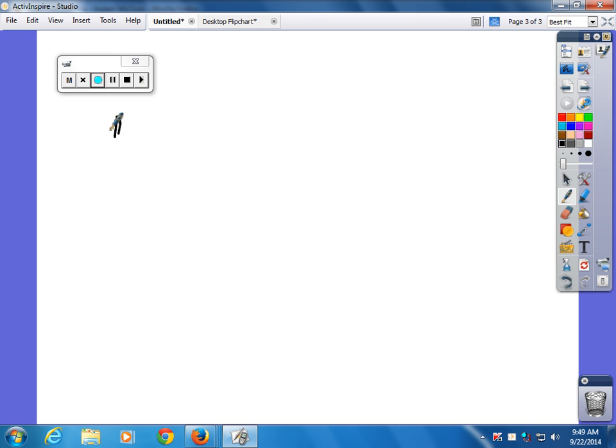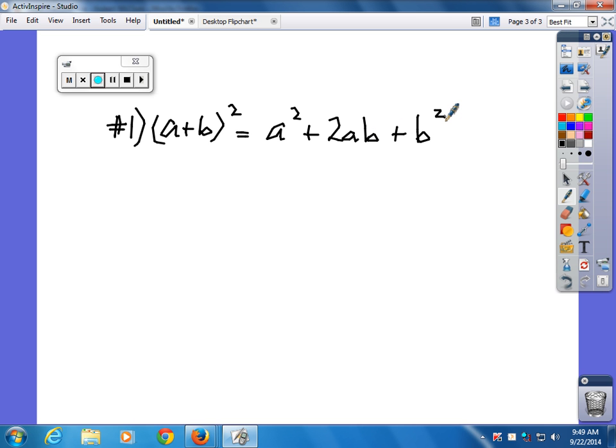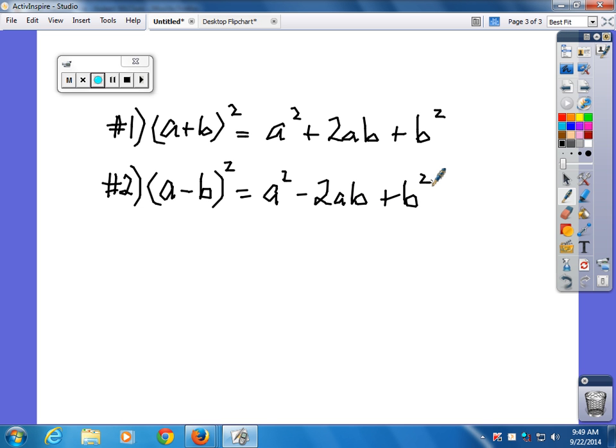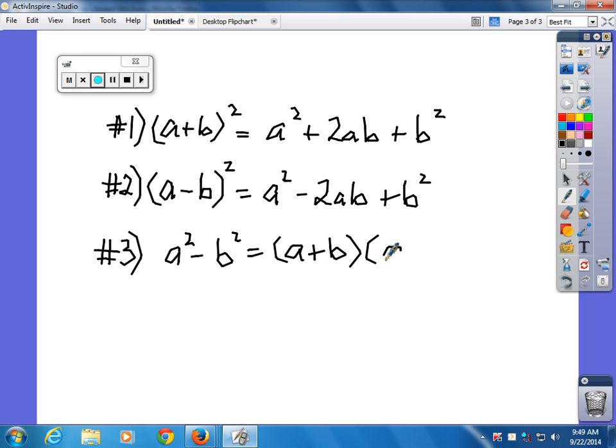Shortcut number 1. A plus b quantity squared is equal to a squared plus 2ab plus b squared. Shortcut number 2. A minus b quantity squared is equal to a squared minus 2ab plus b squared. Number 3. A squared minus b squared is equal to a plus b times a minus b.